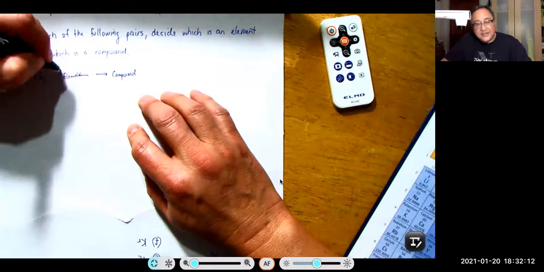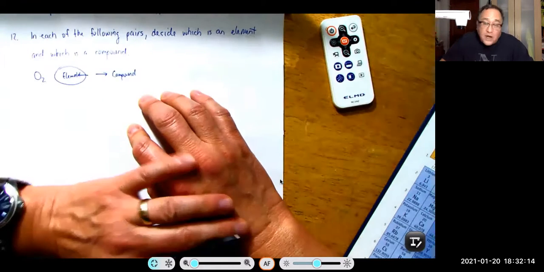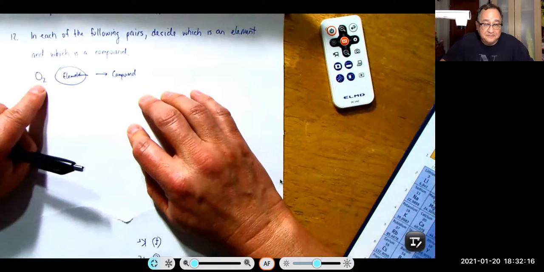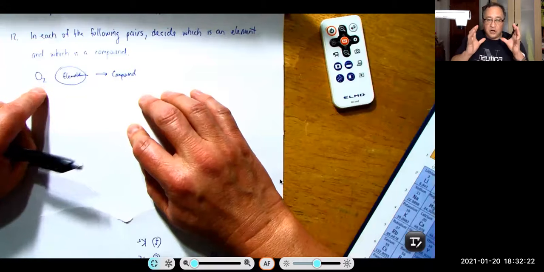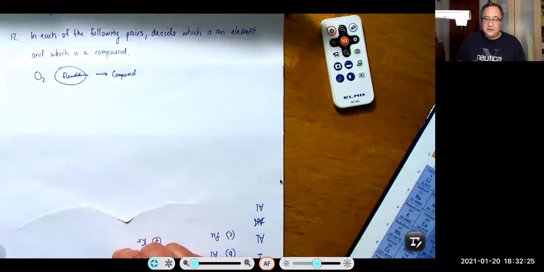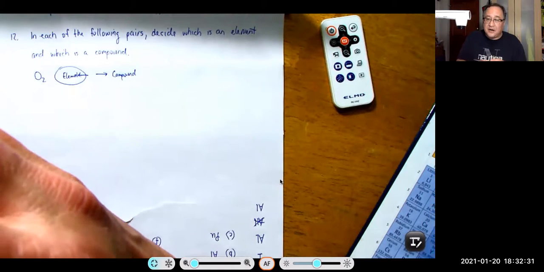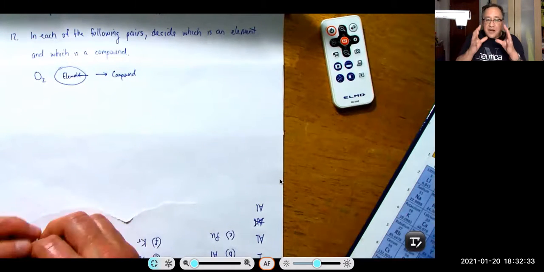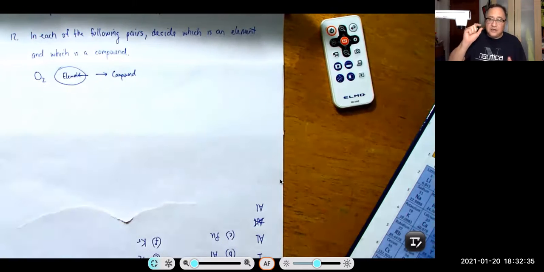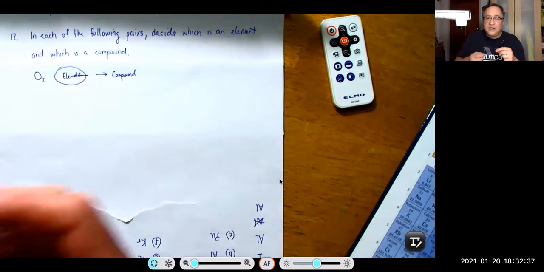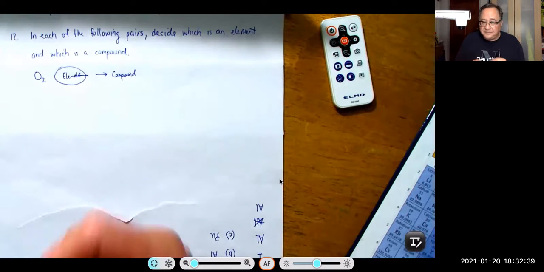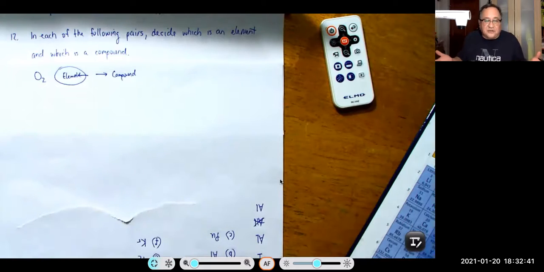And the answer is it is an element, because there's only one type of symbol here. Turns out that there are 7 elements that when you buy a jar of it, the atoms come in pairs, like Noah's Ark. All the rest of the elements, if you buy a jar of it, the atoms are not stuck together chemically. They're just stuck together because they're next to each other.